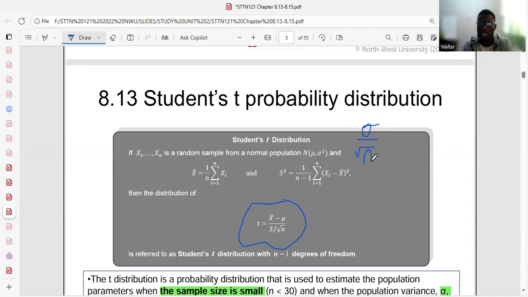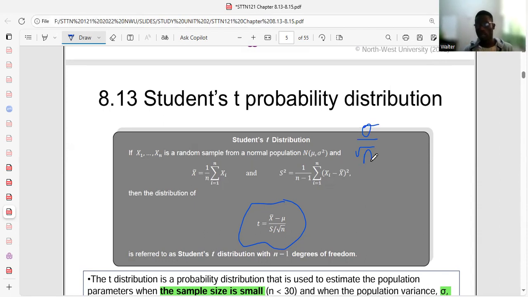How do you see that you're going to use this formula for the student T when you're given a question? Interesting question. They will give you a data set. On the data set, you find the mean. I think last semester I showed you how to calculate the mean and standard deviation on the calculator.